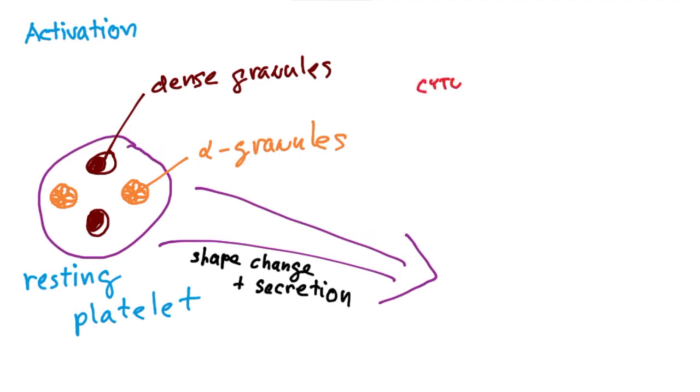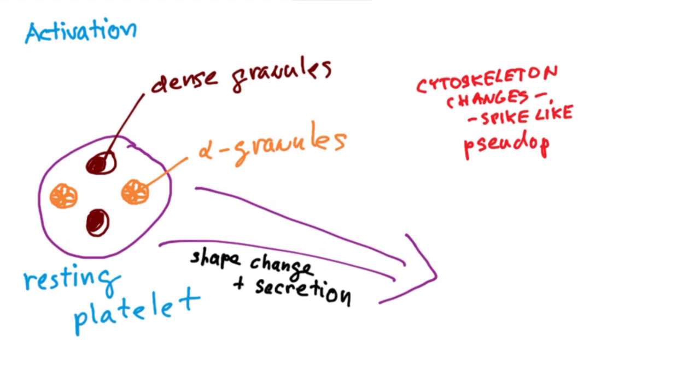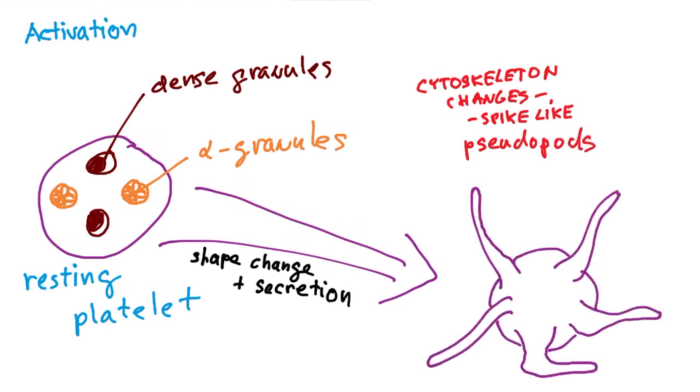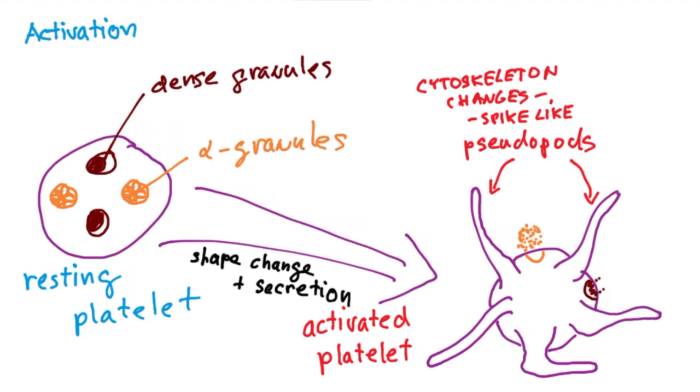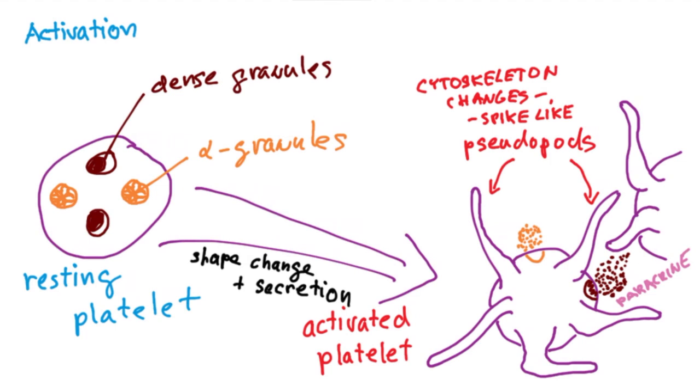This is a cytoskeletally driven process, and with this the platelets massively increase their surface. The other process is granule secretion, the secretion of the alpha and dense granules. With this, the thrombocytes are able to activate other nearby thrombocytes, but also to activate themselves in an autocrine fashion.